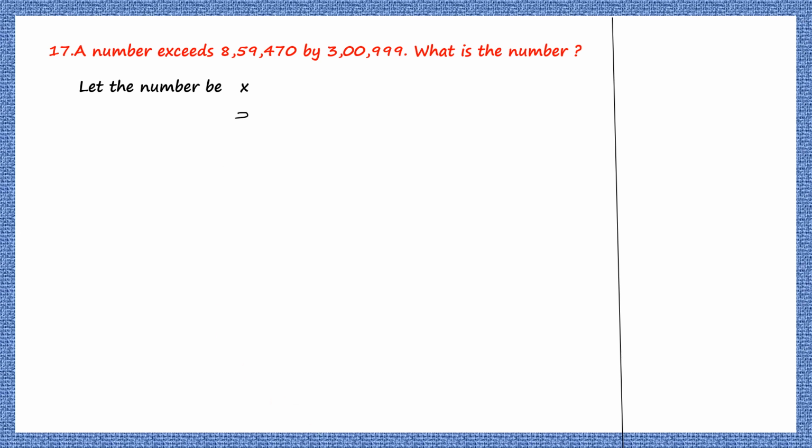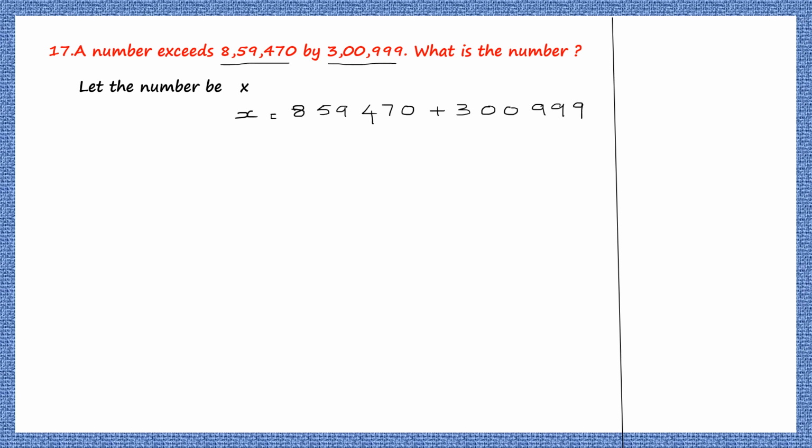Now to find x, we know that x is more than this number. So let's write down that number, 8,59,470. It is more than this by 3,999. That means we need to add it here. When you add up this, you will know the value of x.